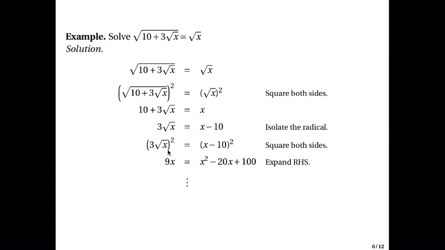So we put this 9x to the other side of the equation. So we will have 0 equals x squared minus 20x minus 9x plus 100, or that you have 0 equals x squared minus 29x plus 100.